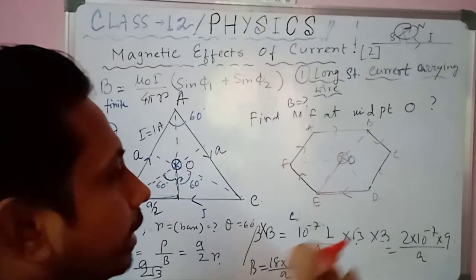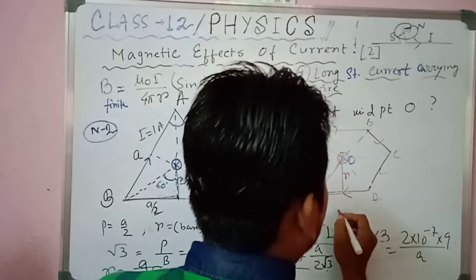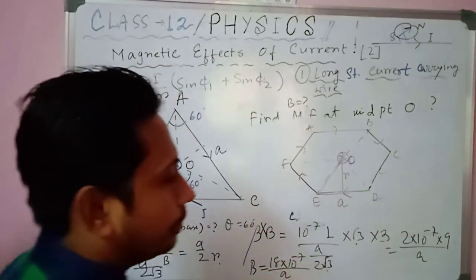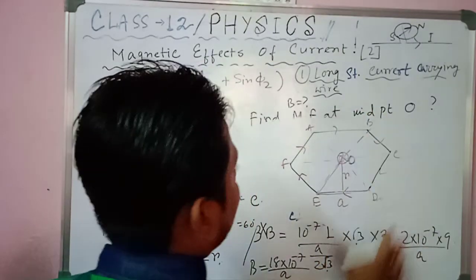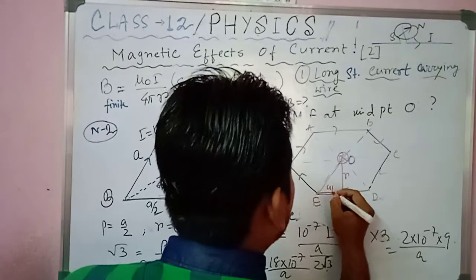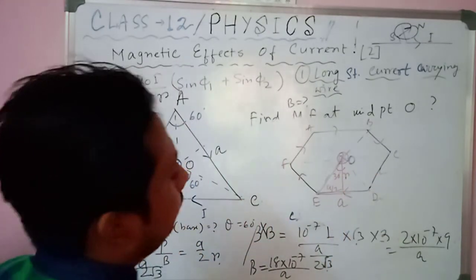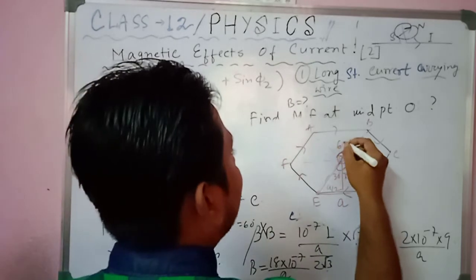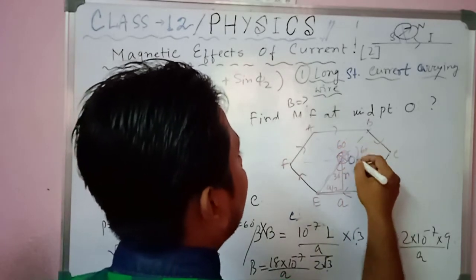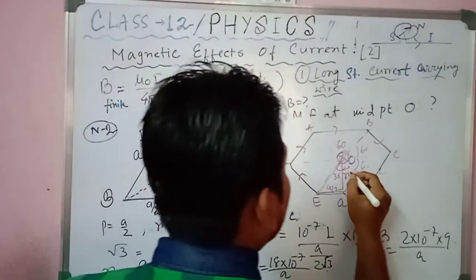So the magnetic field is into the board, and if you join this one, that will be R. The side is given, suppose the same side A for a regular hexagon, so that portion is A by 2, and this is R. This angle is 30, I think, because this is an equilateral triangle, am I right, students?